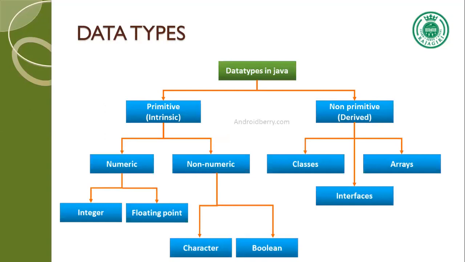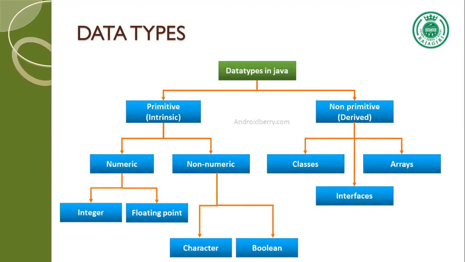Now let us learn a very important concept in Java called Java data types. Java data types are classified mainly into two. We call them intrinsic data types or primitive data types. And the second classification is non-primitive or derived data types.